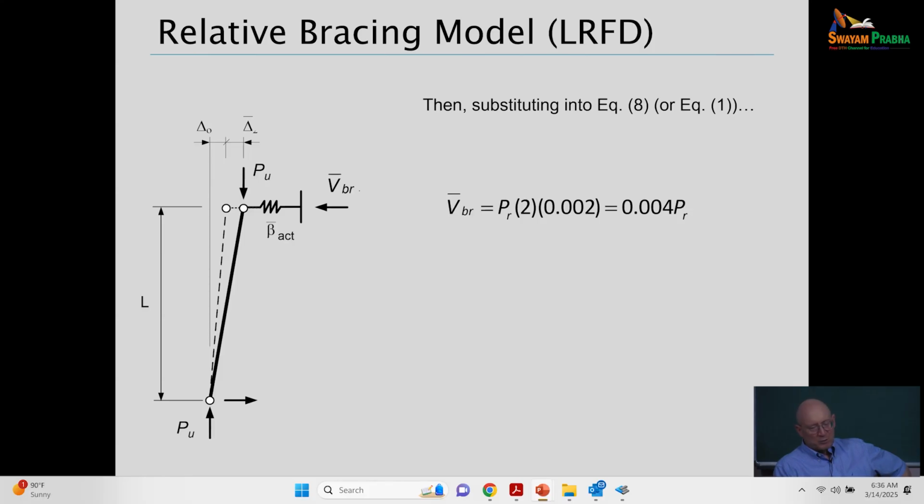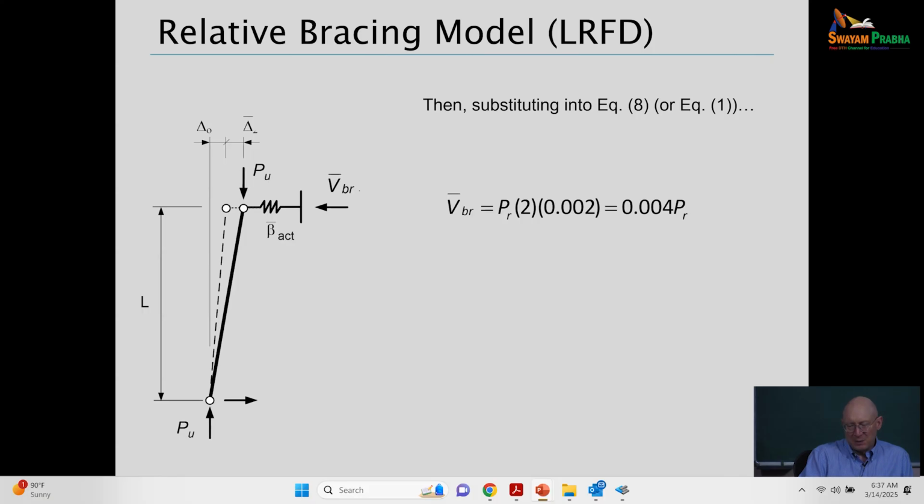That could be a nodal spring at the top of the column, or it could be a shear panel, basically controlling or resisting the relative movement top to bottom. The demand that we need to design that bracing for, according to this derivation we just did, is 0.4% of the axial load in the column.